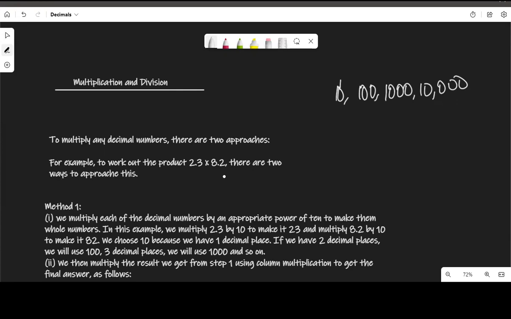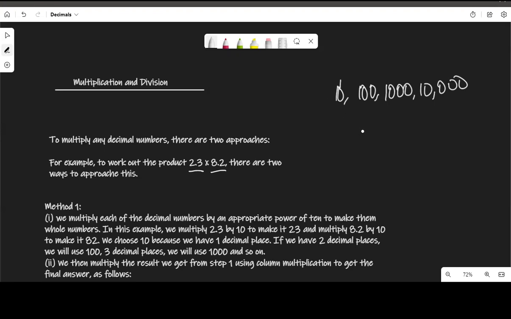So to multiply decimal numbers like this, one of the approaches is to first convert each of the numbers to a whole number by multiplying them by a power of 10. Now our power of 10 depends on the number of decimal places. Each of these numbers has one decimal place, so we can turn them to whole numbers by multiplying by 10 itself.